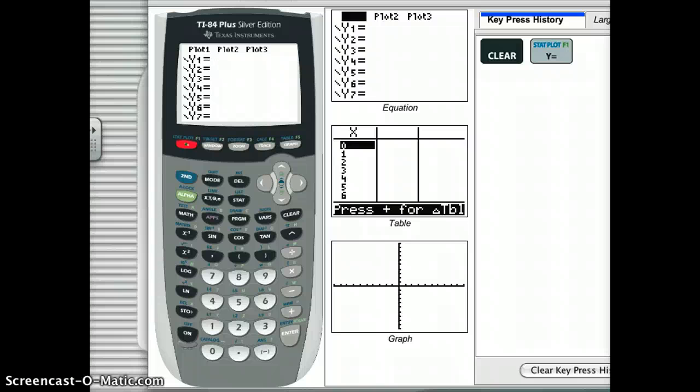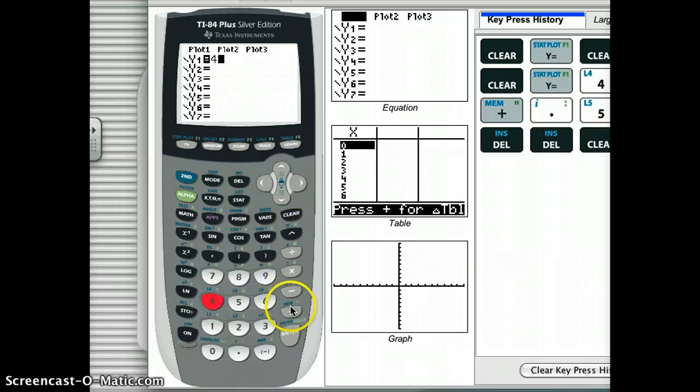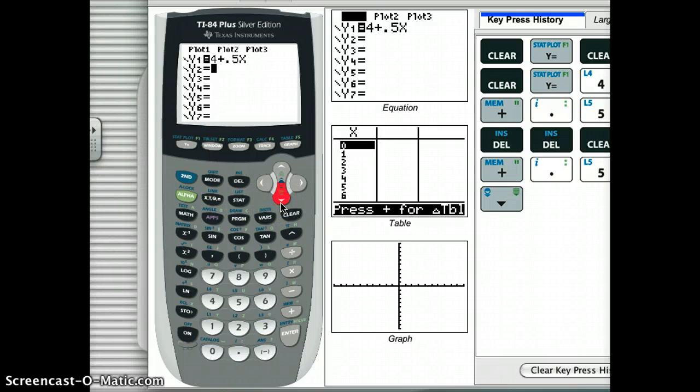So y1, I'm going to type that as 4 plus 0.5x. Oops, I got an extra little plus in there, so I'm going to have to delete that. Okay, so 4 plus 0.5x. And then I want to look on the next one, I want x minus 1.